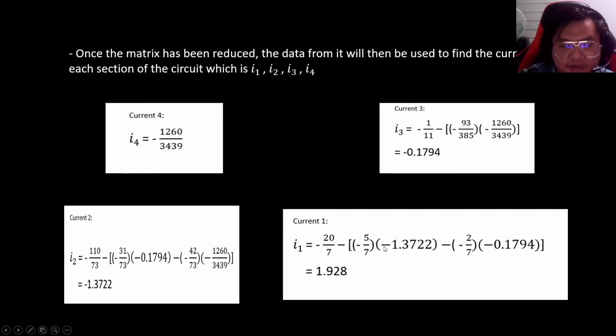The same goes for current 1. We'll be using the currents that we have obtained for current 2, current 3, and current 4.